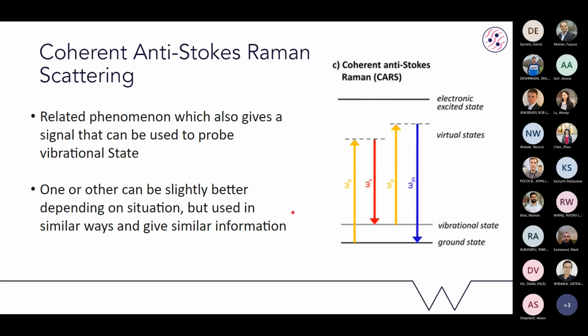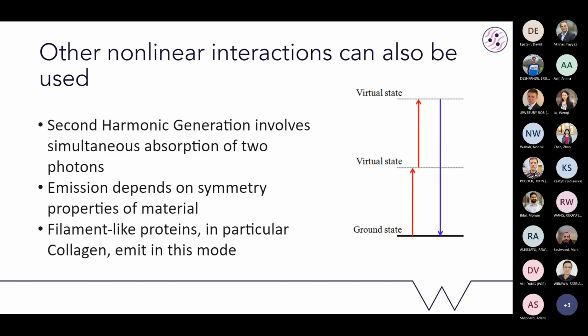One or the other can be used depending on the situation, but they both give roughly similar information and are used in similar ways. And just mentioning that one for completeness.